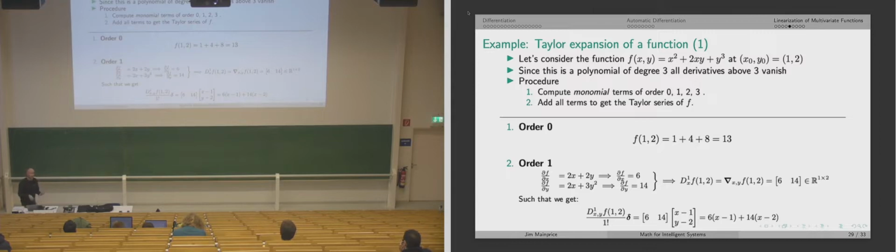In the first order Taylor expansion, you have the Jacobian times x minus x0, and you also have this factorial coefficient, which I didn't talk about when I was presenting this. So this is x minus x0, and this is the gradient.